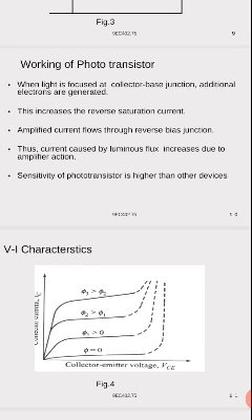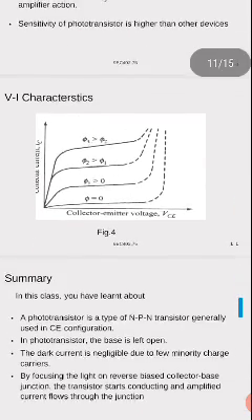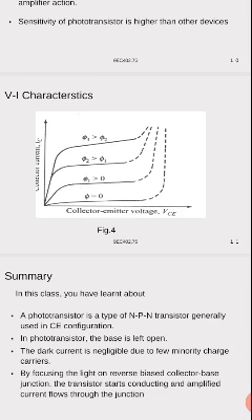Except the difference is we control this with the photo effect. So we discussed VI characteristics. Next, summary.